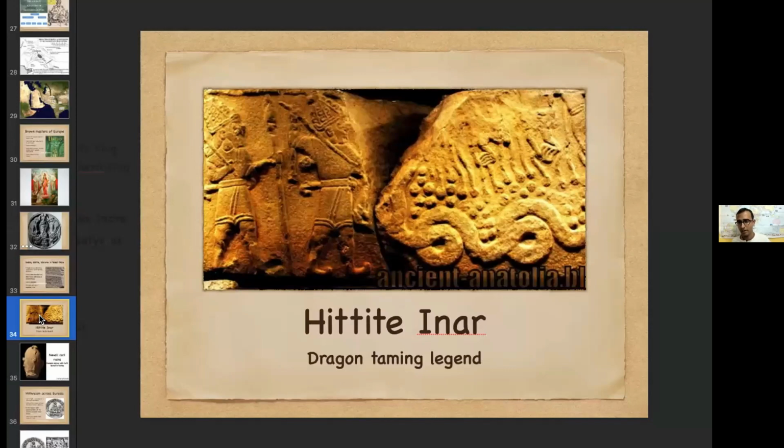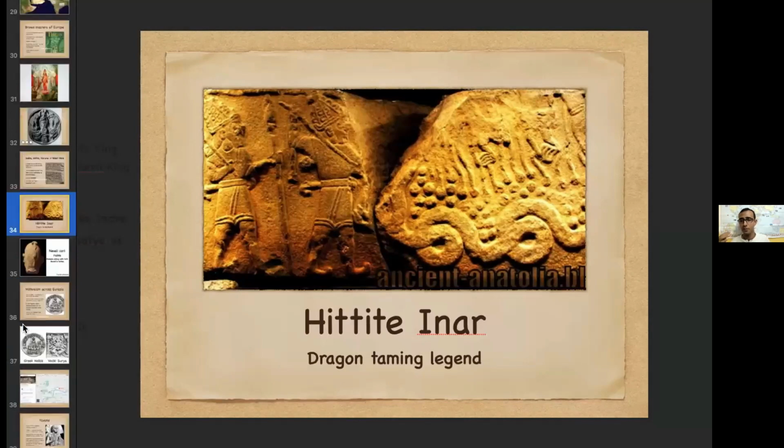In modern day Eastern Europe and Western Asia, they had this Hittite culture. Inar is the corruption of Indra, and he also had this dragon-taming legend. The dragon-taming legend is very common in several of these pagan cultures, where the devata will control and tame, or in some cases even kill, the dragon.